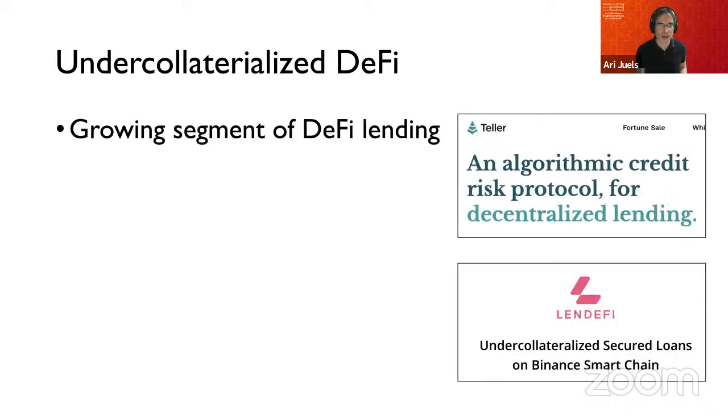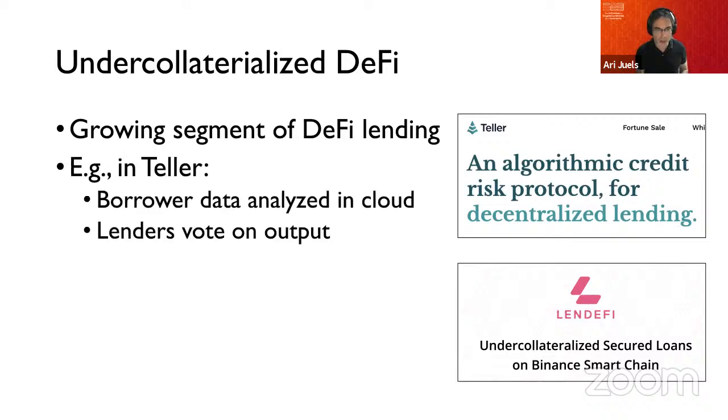There's a movement afoot to create a form of decentralized finance loan that is under-collateralized. It looks like a conventional bank loan, but operates in the DeFi world. There are companies like Teller and LendDeFi, probably others. These are the only two that I'm aware of that are attempting to do this.